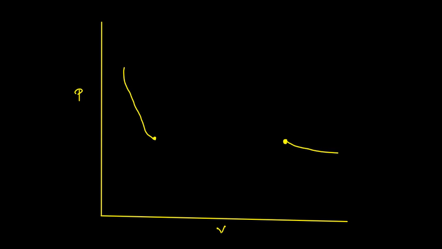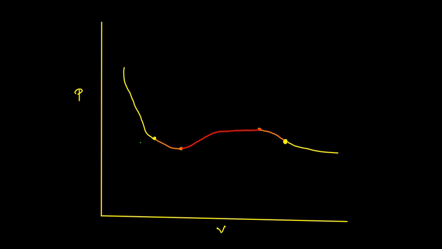Then I said that I can continue from here till the slope becomes 0. I get these two points, and then what I mark in red is the unstable region.